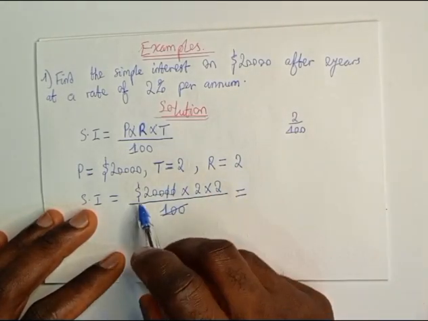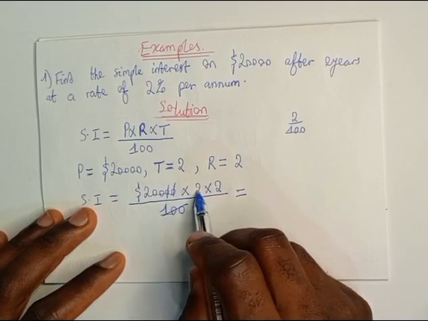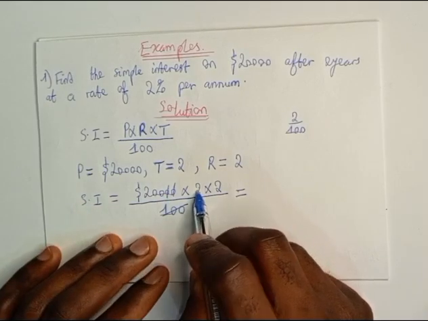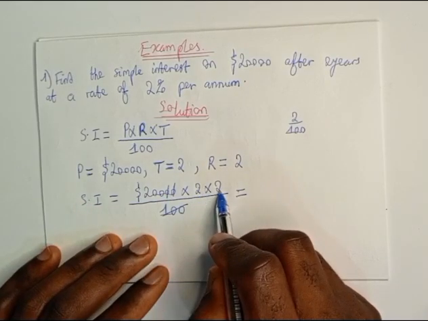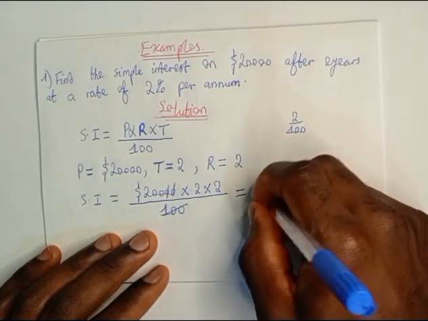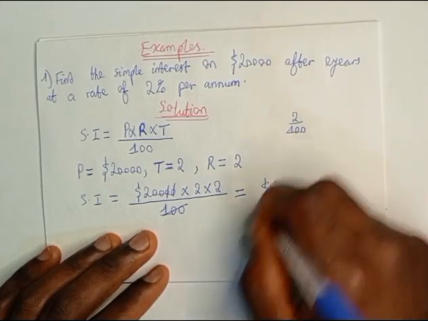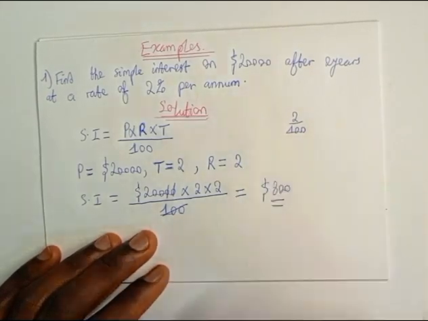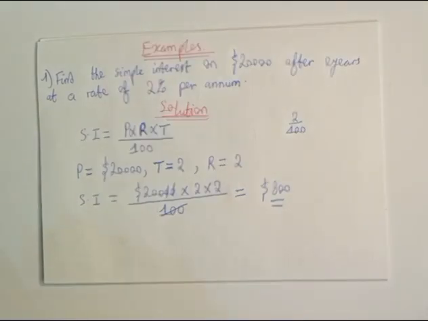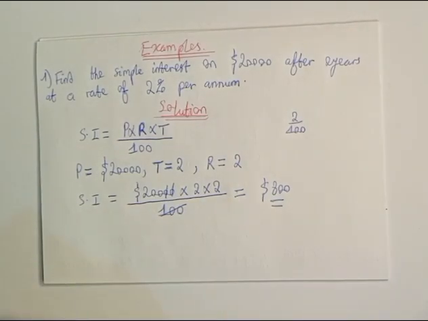We'll be left with $200 times 4, because 2 times 2 gives us 4. And this will simply be equal to $800. This is the simple interest $20,000 makes after 2 years at a rate of 2% per annum.